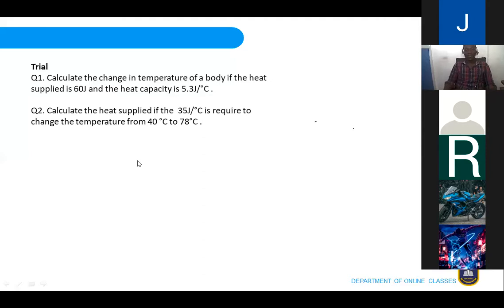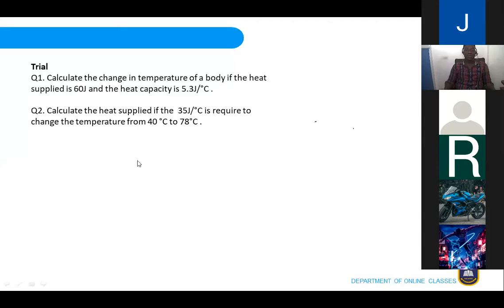The second question says the temperature changes from 40 degrees Celsius to 78 degrees Celsius. So the change in temperature is the higher temperature minus the lower temperature. So you are going to get 78 minus 40. Then you use it to solve.